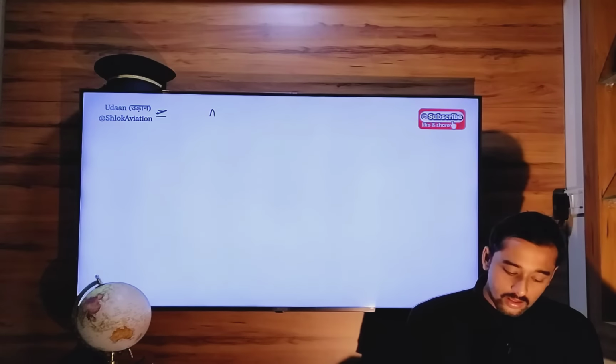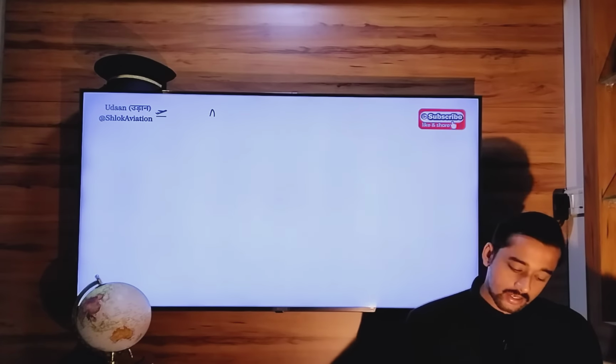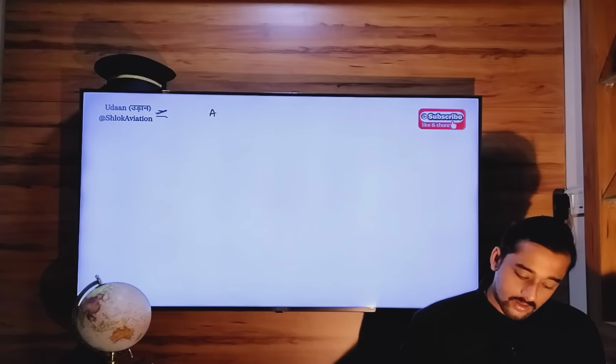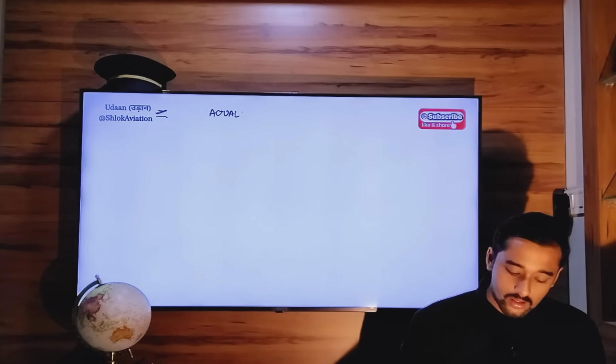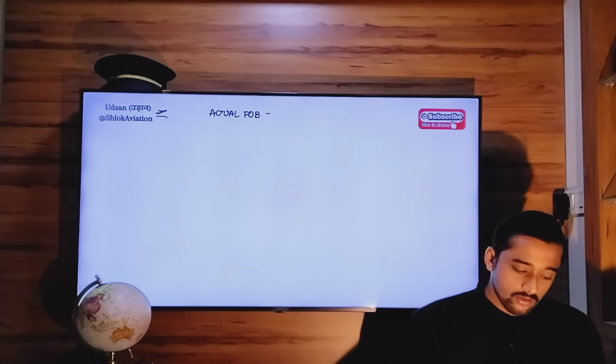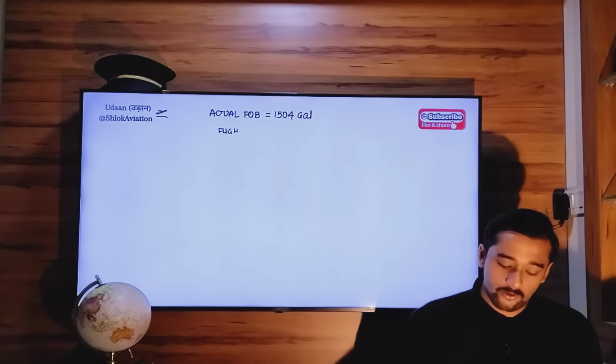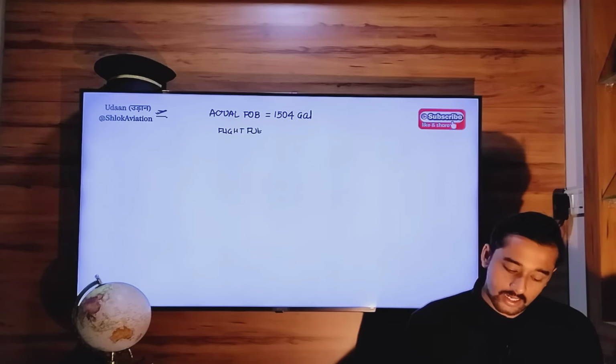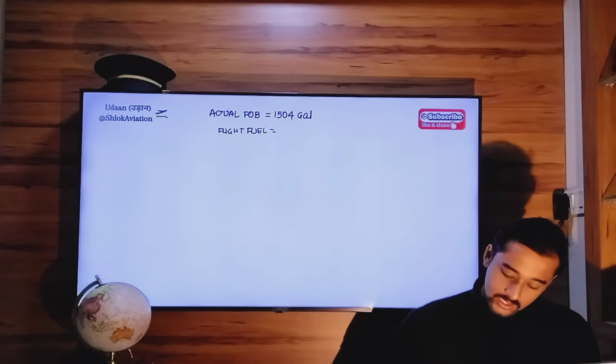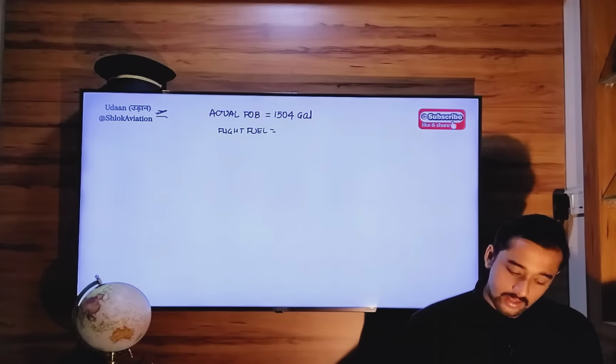Actual fuel that we are carrying is 1504 gallons. Fuel that is actually required for flight is much less than that, that is 1137 gallons.